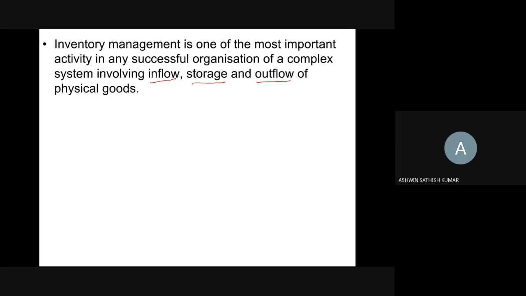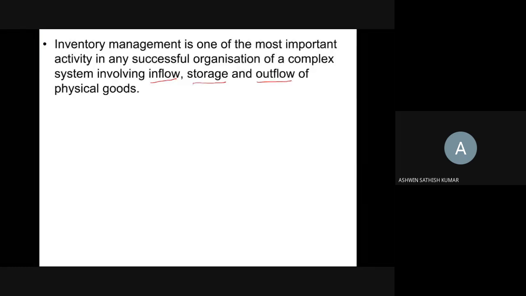Whatever small things we require, whether biscuits, namkeen, or coke, we have to manage, procure, use, and store. How optimally we can do this process, we will study in inventory management.